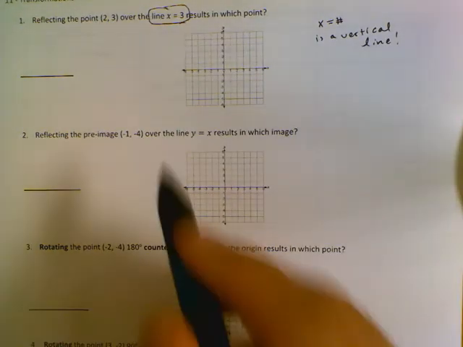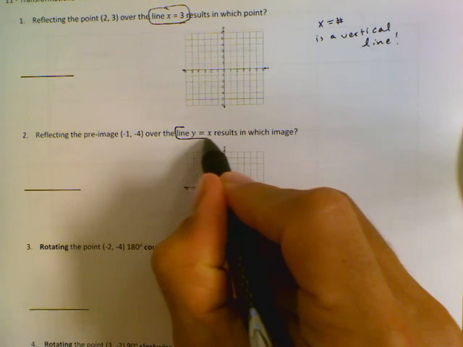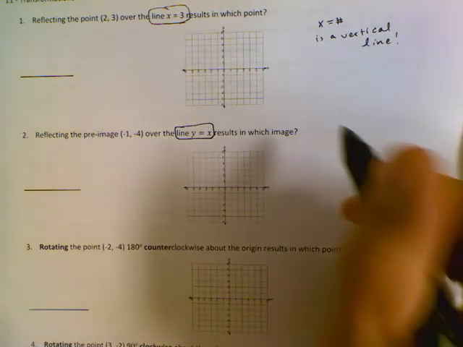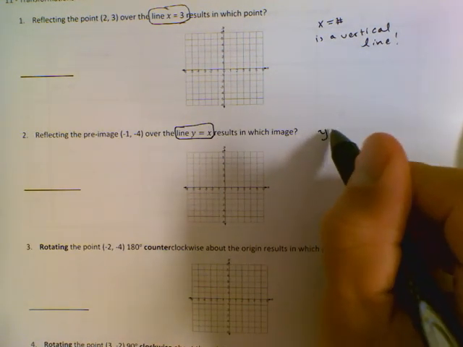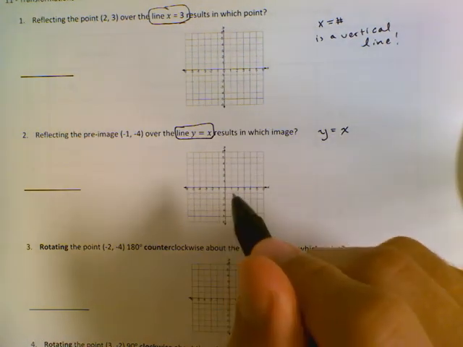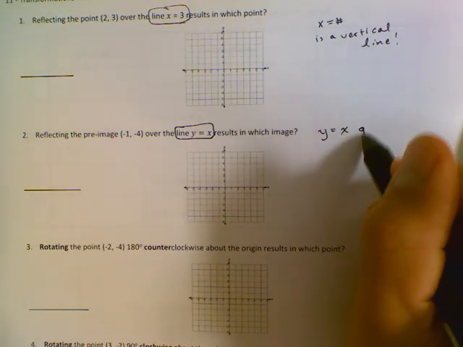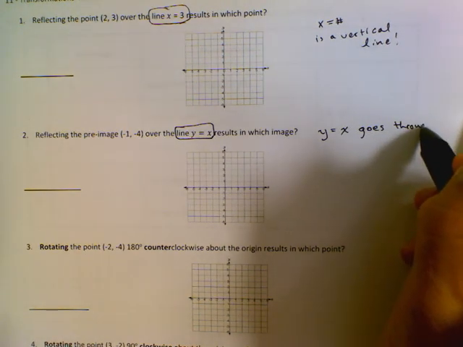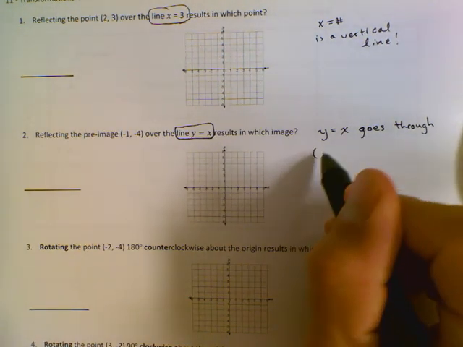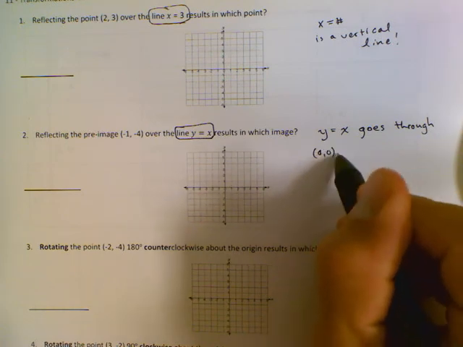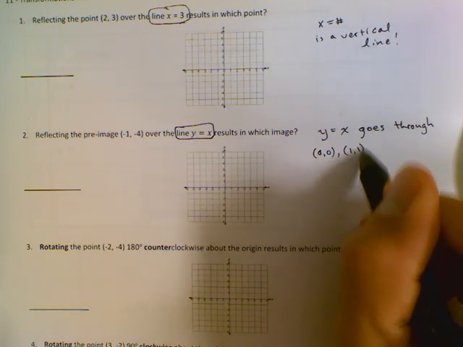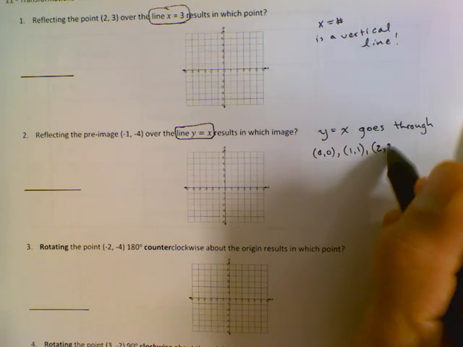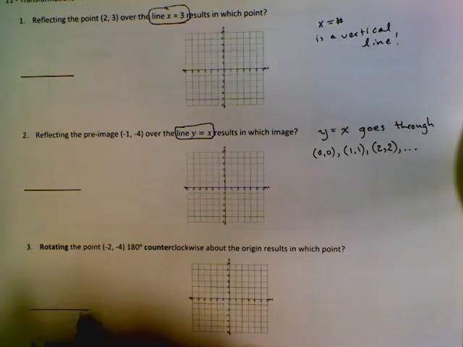On the next one, if it says the line y equals x, the line y equals x is not the x-axis. Y equals x goes through the following points. It goes through 0, 0, 1, 1, 2, 2, and so forth.